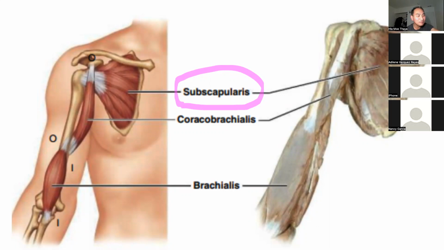And now there is another muscle which is starting from the anterior aspect of the humerus and going down distally to the ulna. This muscle is called brachialis.